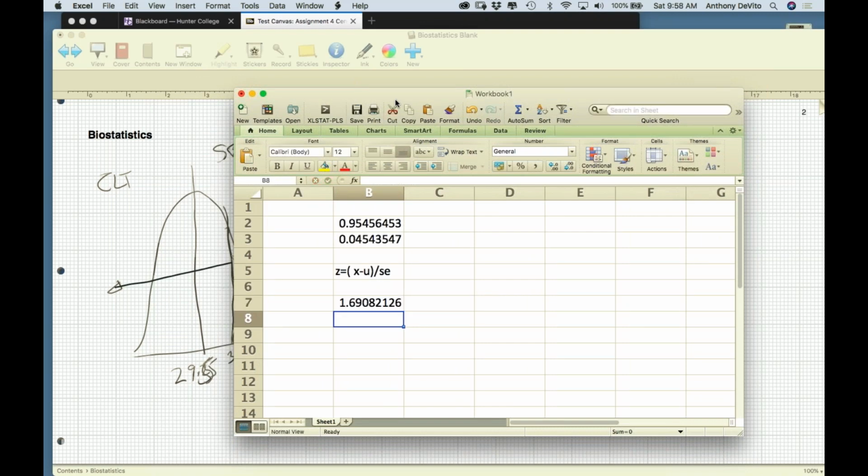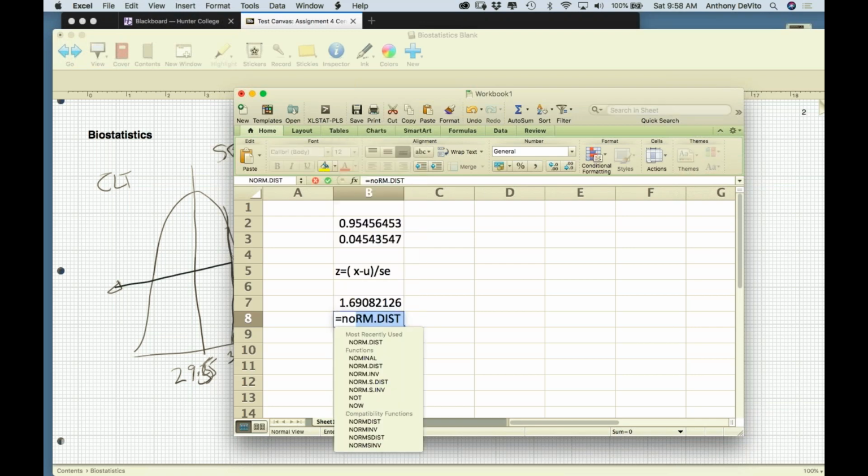Okay, so what does that come out to? That comes out to a z-score of 1.69, right? We just solved for the z-score. So now I got a z-score. I still got to find the area to the left of that. Well, there's another function in Excel called norm.s.dist. Notice how it prompts you here and helps you out. And notice all it wants in norm.s.dist is the z-score.